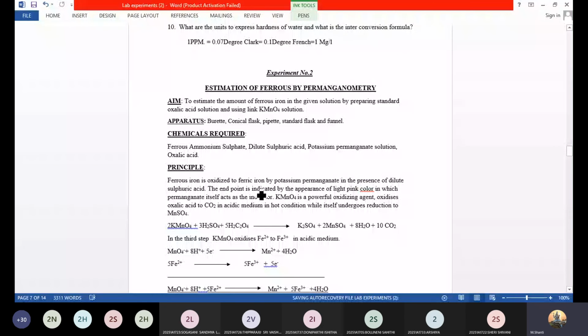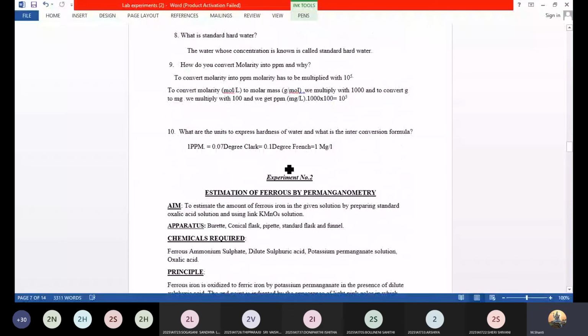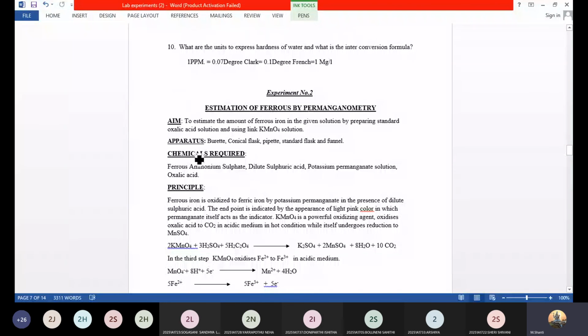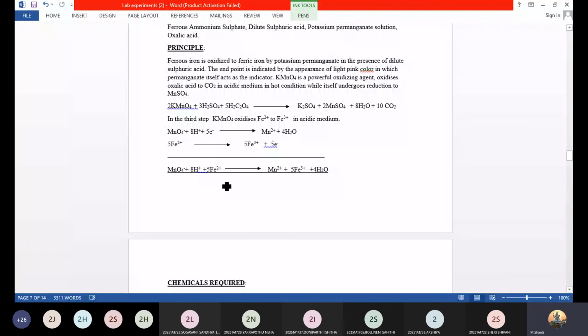Now once you have finished the first experiment theory part, take a fresh page and start writing experiment number 2. Put the title, AIM, apparatus, chemicals, as it is in the manual; please copy in the same fashion.